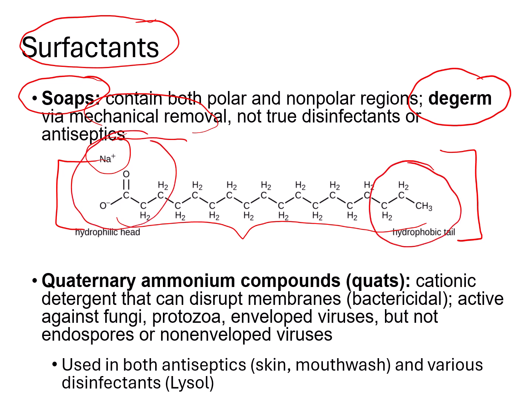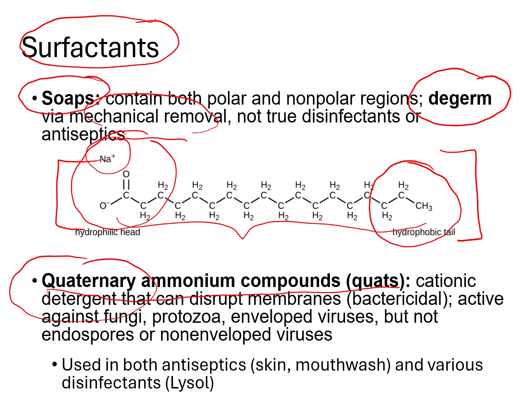We also have quats. Quats is basically short for quaternary ammonium compounds. You may have heard of benzalkonium chloride maybe at work. These are cationic detergents that disrupt membranes, and they're active against bacteria, fungi, protozoa, and also enveloped viruses, but they're not good against endospores or non-enveloped viruses.